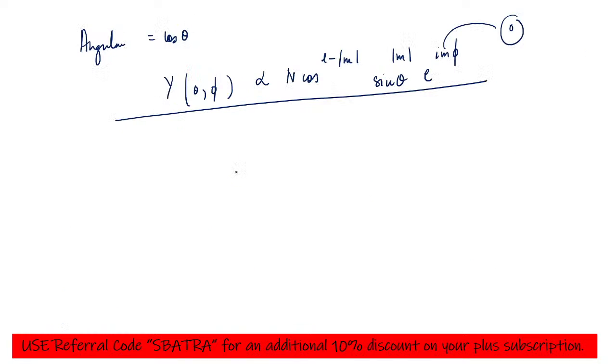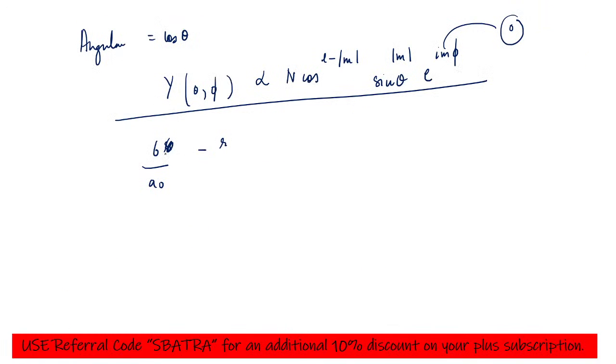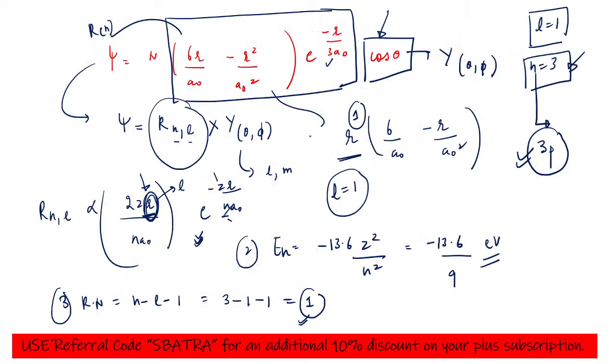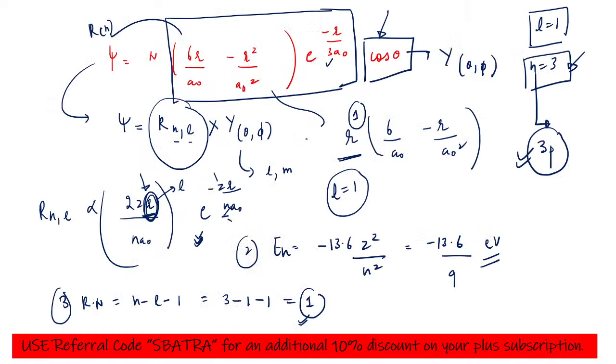So this part is 6r by a naught minus r square by a naught square, and this is e to the power minus r by 3 a naught. This is your radial part.